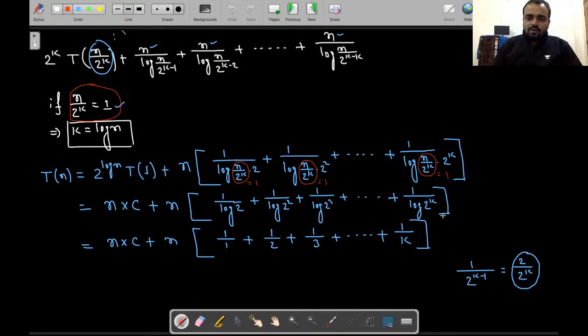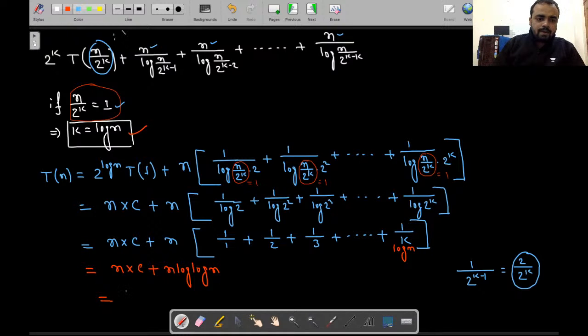So similarly, what is the value of k? You have to find it out. So the value of k is log of n over here. So this sum series will become what? This is the n into c, and plus this one will become n log log n. So the upper bound will become, which one is the higher value?